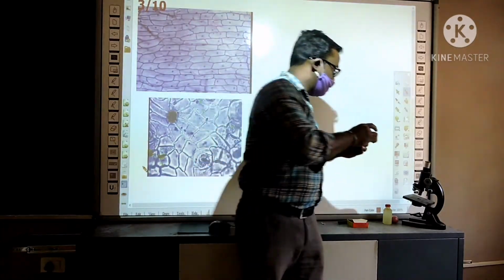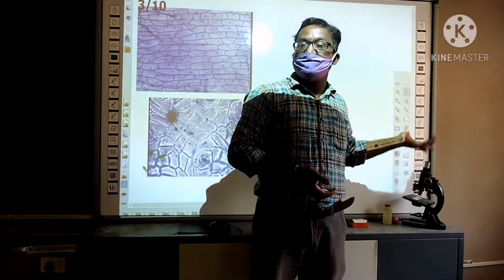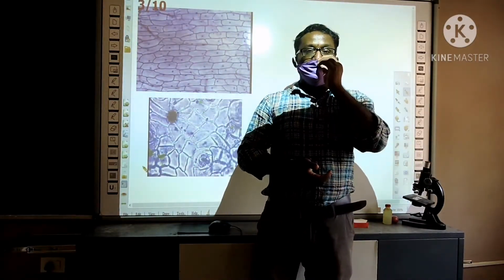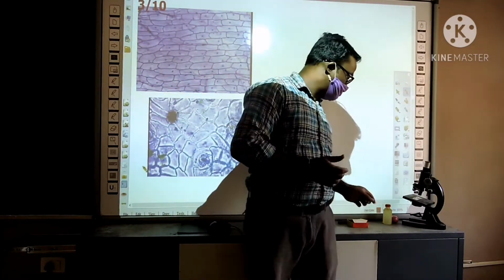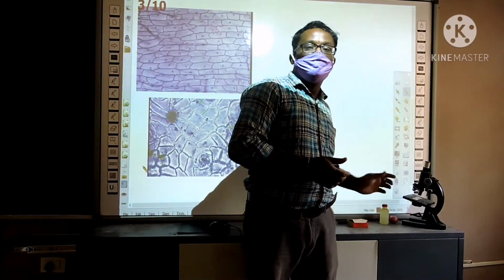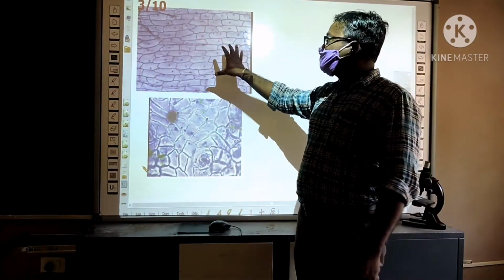So put it under the microscope, and you can observe under a compound microscope. Here we are using a compound microscope. To keep it from drying for a long time, you can use glycerin. If you observe, you can see the slide like this.